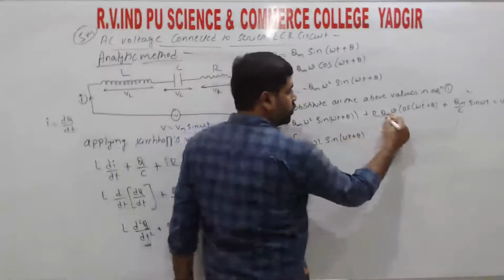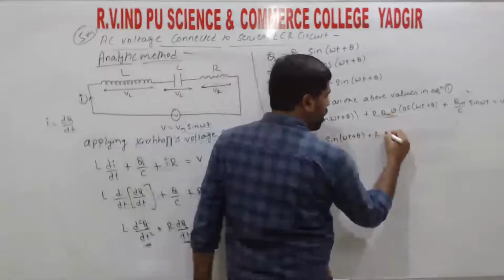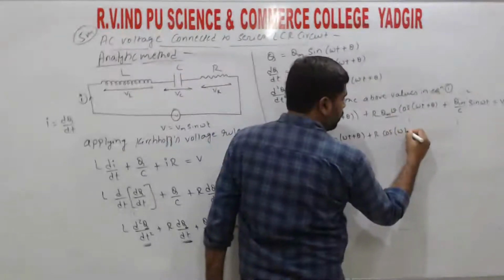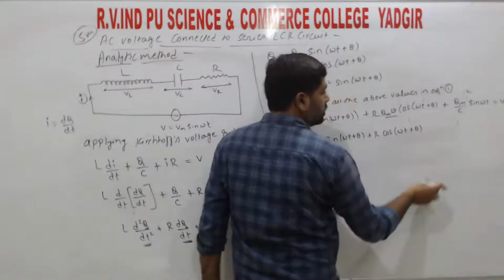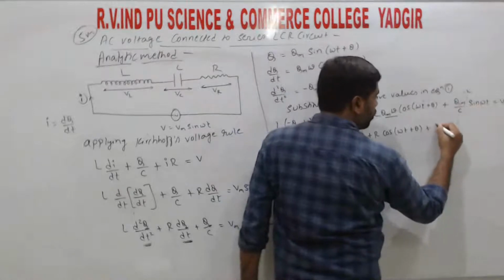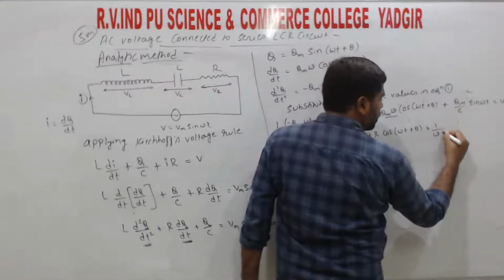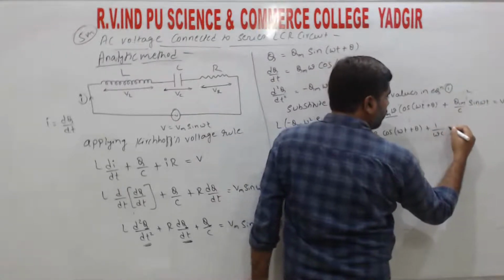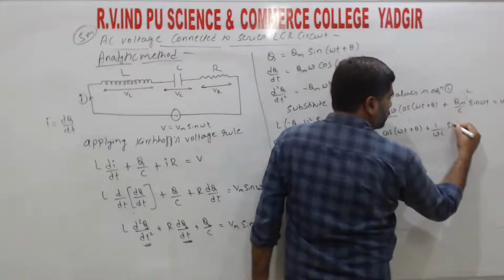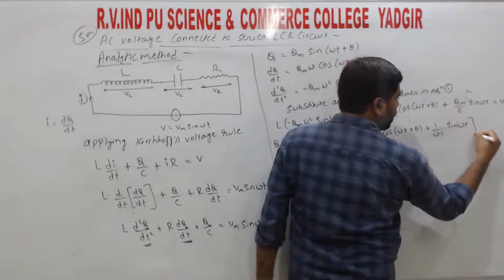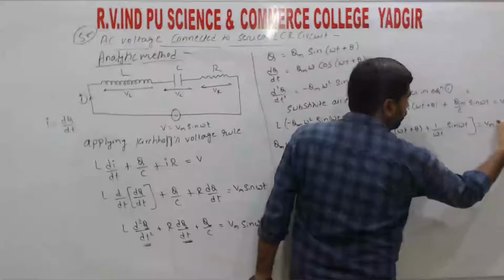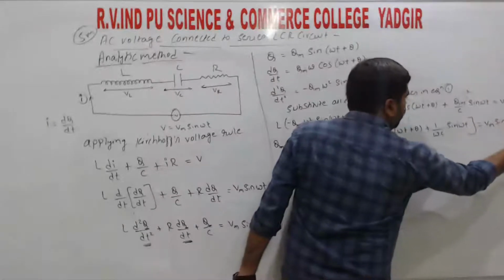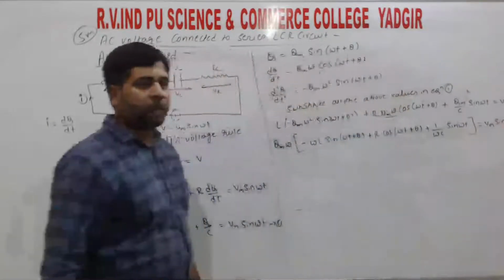In this qm omega, if we take common, r into cos of omega t plus theta. Here we have only qm, and along with qm, if we take omega common, we get 1 by omega c sin omega t, that is equal to vm sin omega t.